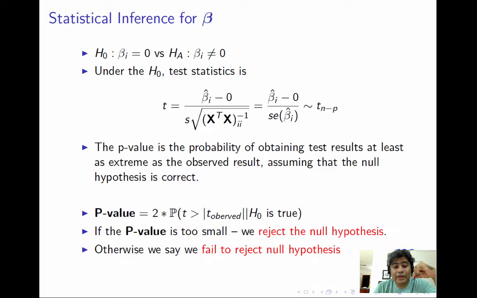Typically, the p-value is 2 times the probability of T greater than the absolute value of t observed under the null hypothesis. If the p-value is too small, then we reject the null hypothesis. We have enough evidence, in the light of the data, to reject it. Otherwise, we fail to reject the null hypothesis and stick to it, saying that this predictor does not have any effect on the dependent variable.